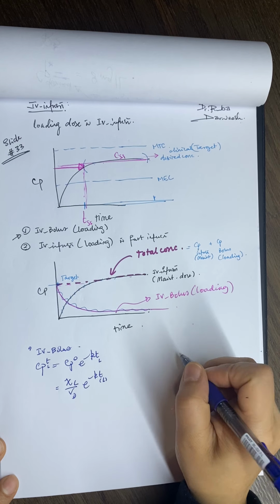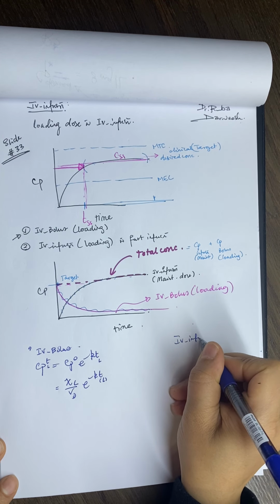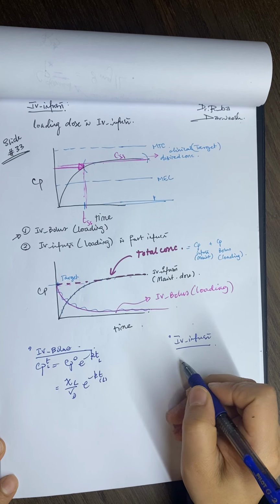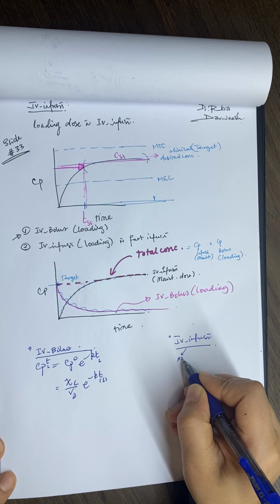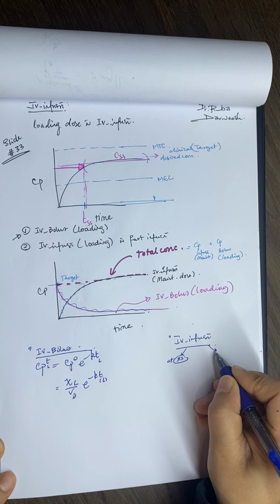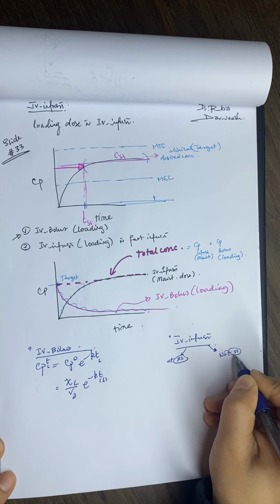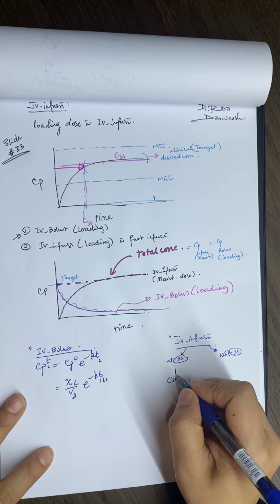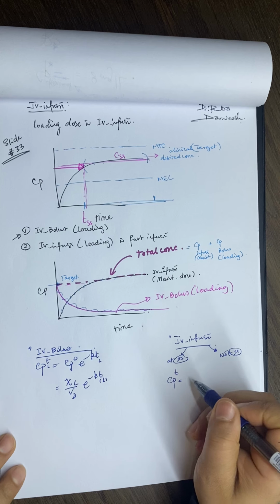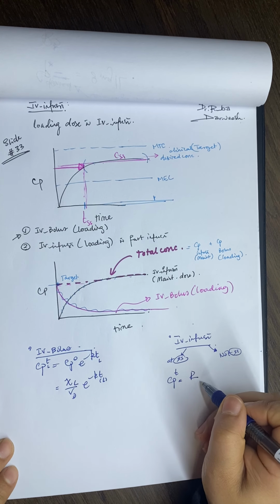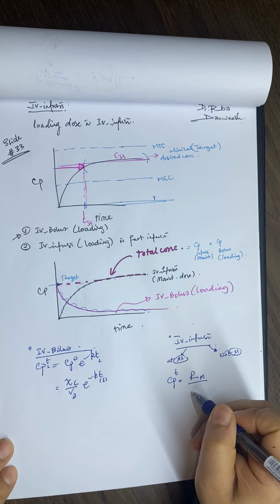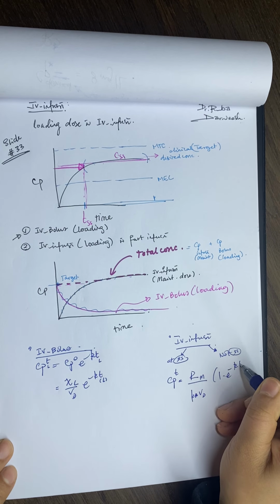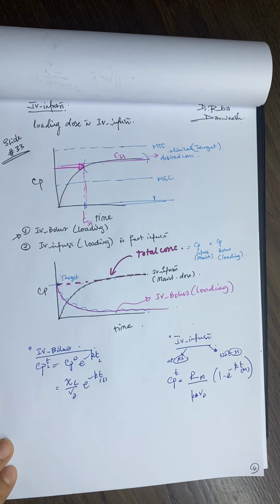For the IV infusion, we will have either steady state or not steady state, right? In general, you will substitute the right equation, but in general we will have CB at a certain time equal to R for the maintenance, which is the infusion, over K VD, times one minus e to the minus K times the time of the maintenance.